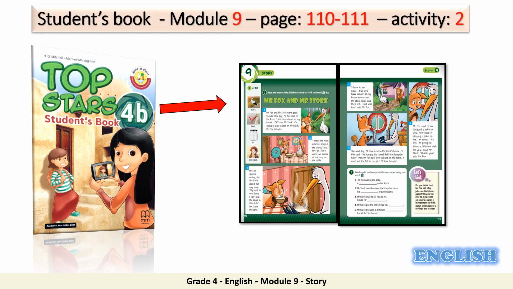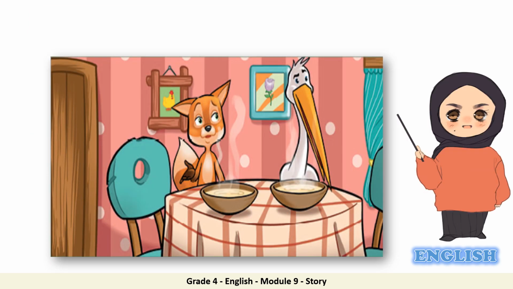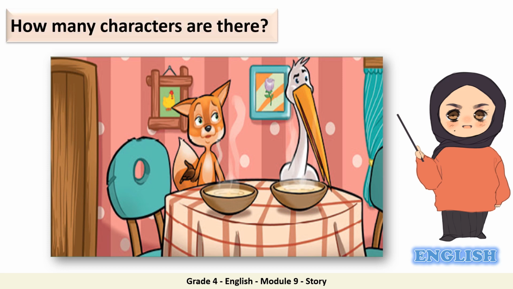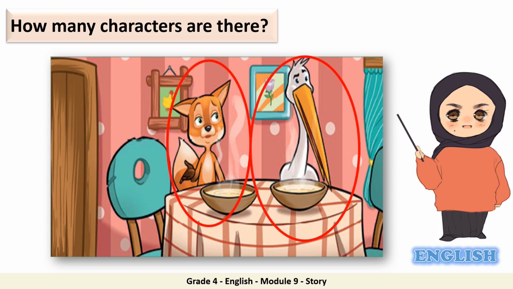Open your student's book page 110 and 111, activity 2. And look at the picture here and tell me, how many characters are there? Let's count them together. 1, 2. So there are 2 characters.